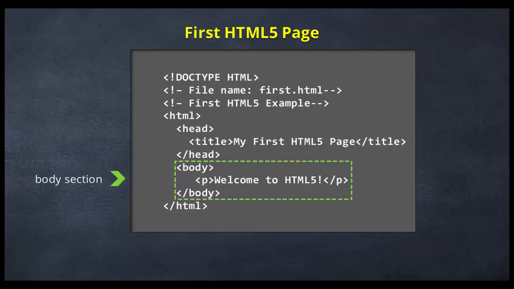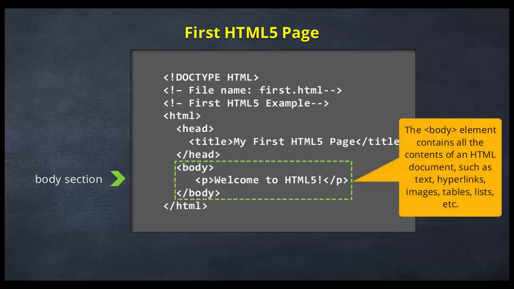The body tag is one of the structure tags in HTML. The body element contains all the contents of an HTML document, such as text, hyperlinks, images, tables, lists, etc.